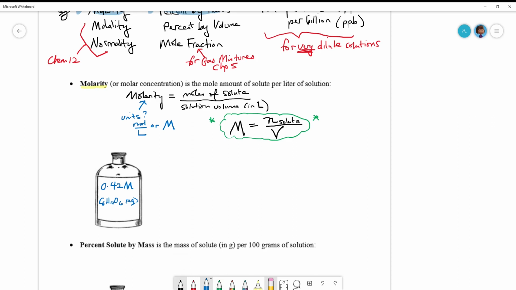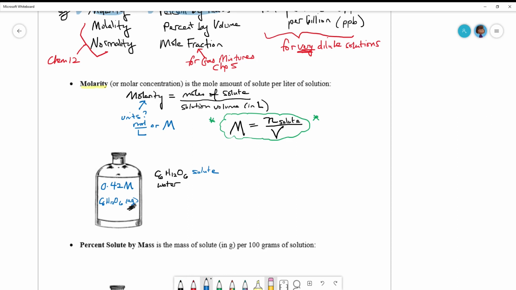Okay, well, let's start with what's in the bottle. What's in the bottle is a mixture of a solute and a solvent. So what's the solute? Well, the solute is C6H12O6. That is the solute. Now, what's the solvent in this bottle? Well, it is an aqueous solution, and that tells you right away that water is the solvent.